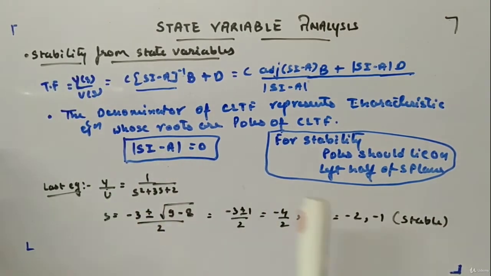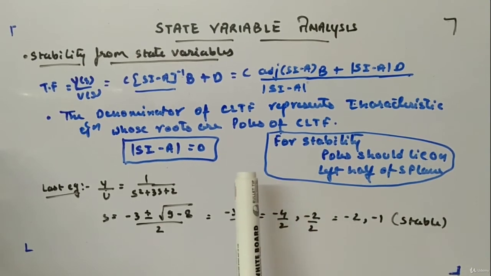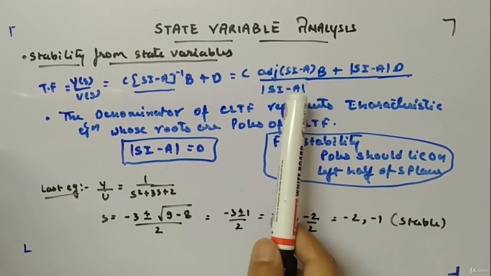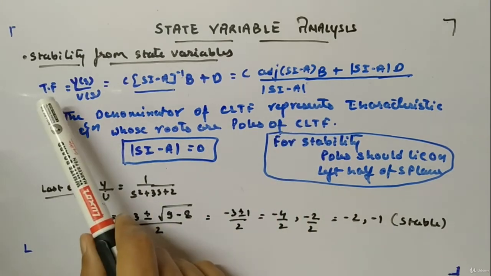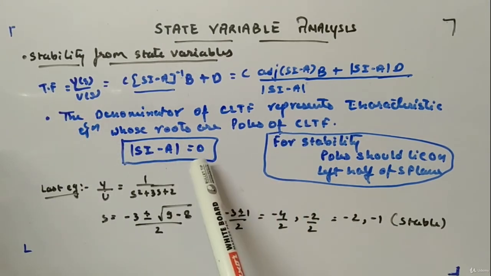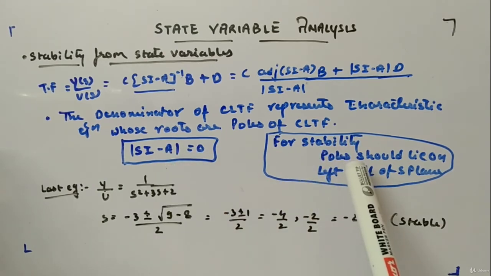And for stability, the poles should lie on the left half of the S plane. That is the condition. So the denominator represents the characteristic equation, and when you solve this, you will get the stability.